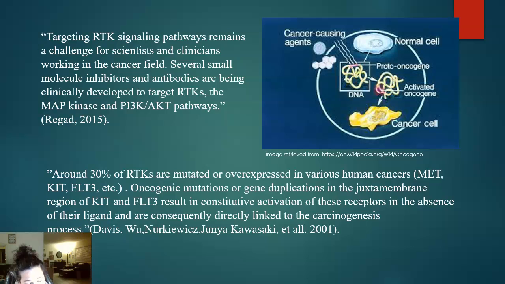And then the VEGF family that I had mentioned, they allow permeability in the blood vessels. So when these are overexpressed or mutated, they're also going to express a certain kind of growth.